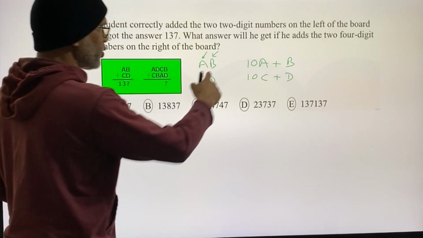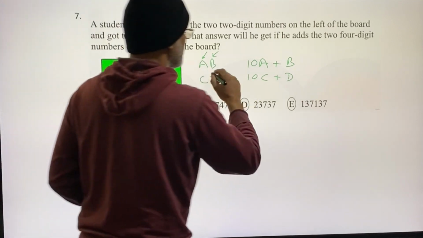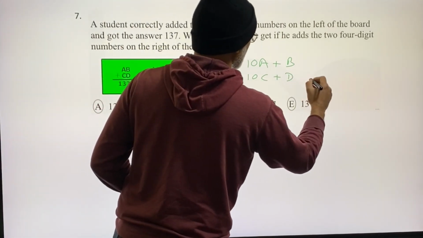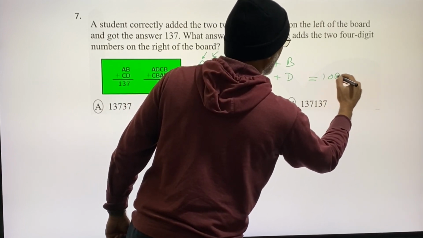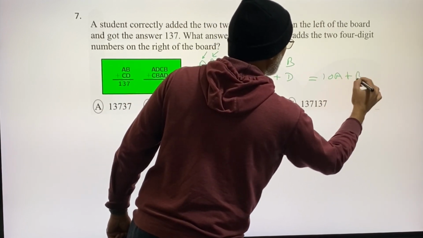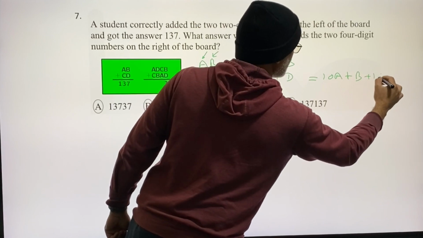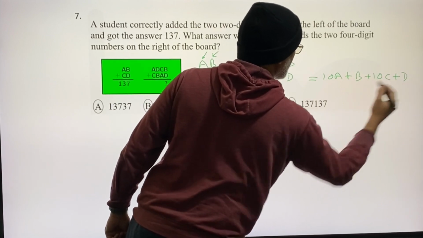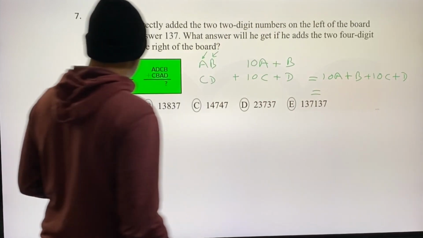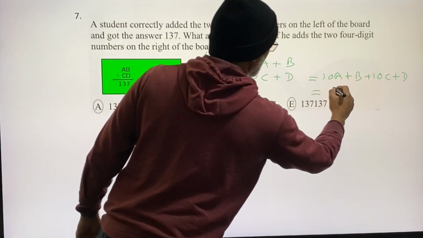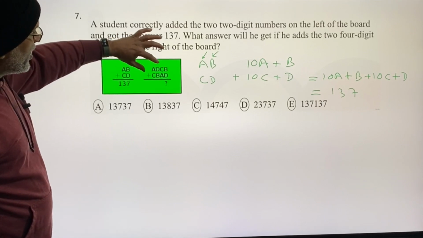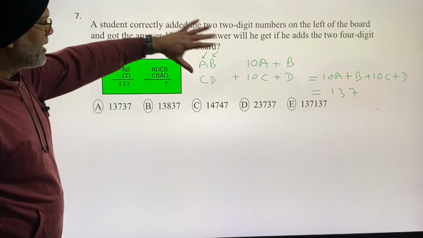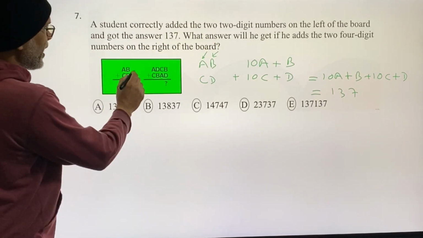We are given that if I add the values up, this is going to be 10A plus B plus 10C plus D, and that value is given as 137. Now let me express these digits in terms of the place value.